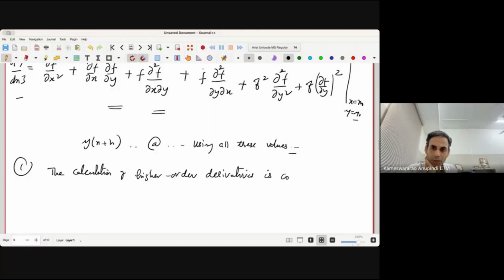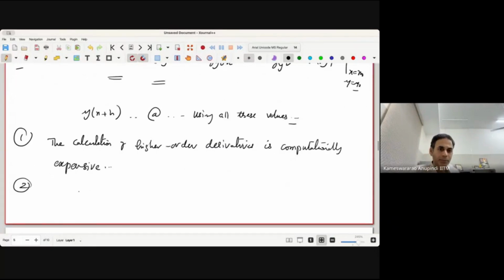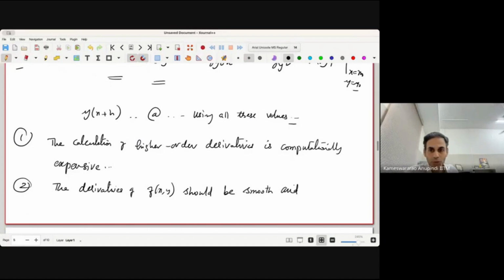Is computationally expensive. The second thing is that the derivatives of f of x, y should be smooth, right?